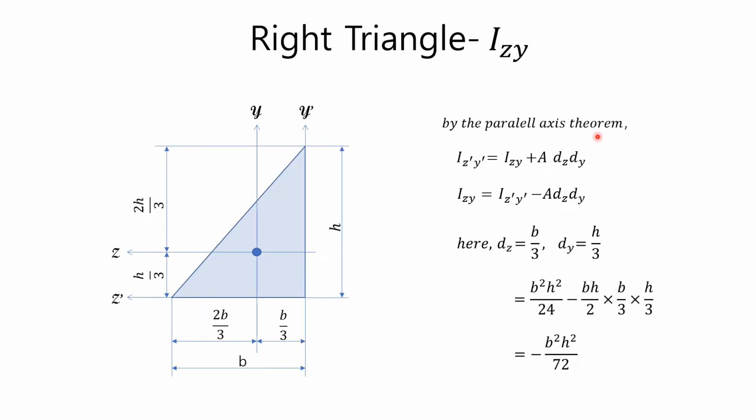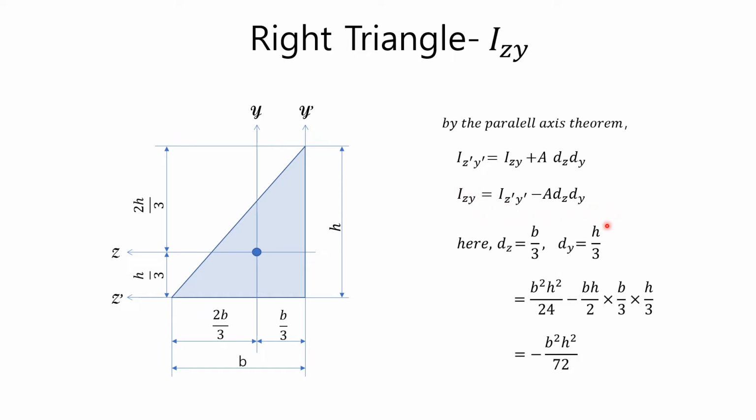Now let's use the parallel axis theorem to find the product moment of area about the horizontal and the vertical axis passing through the centroid in a right triangle. Those axes are parallel to the base and the height respectively. Let's arrange the equation of the parallel axis theorem about the product moment of area with respect to the axis passing through the centroid.